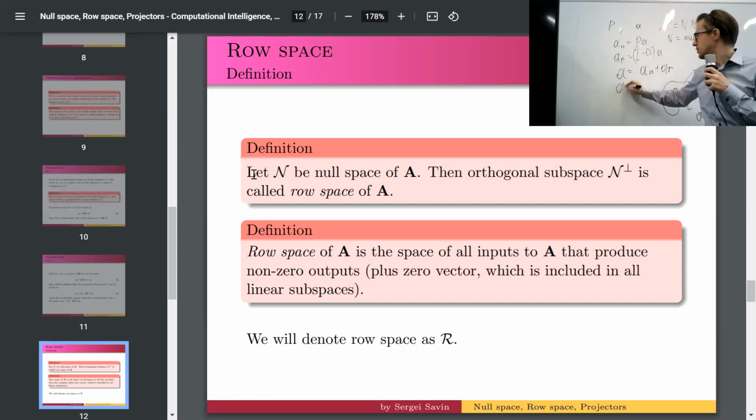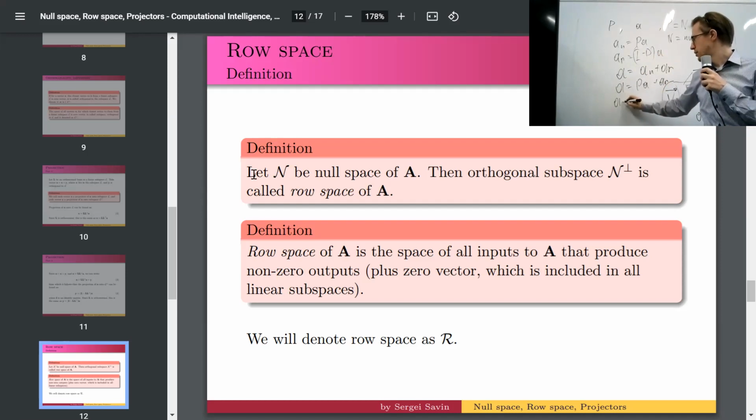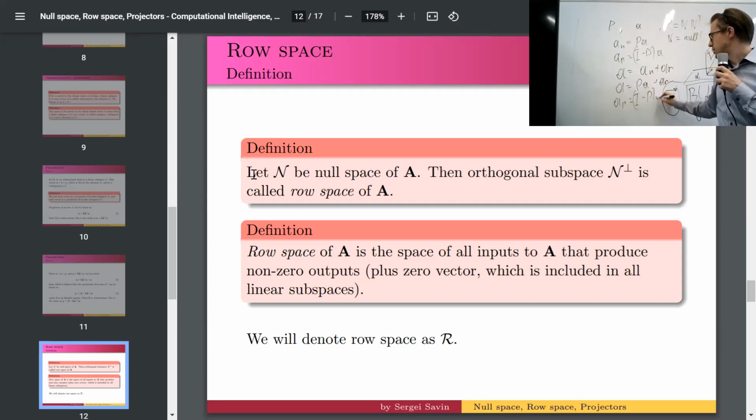AN we know is given as PA, plus AR. So AR is then given as (I minus P) times A, because you put this here with a minus sign, and you have an identity here. That's how you derive this formula. Make sense? So that is all we need to say.